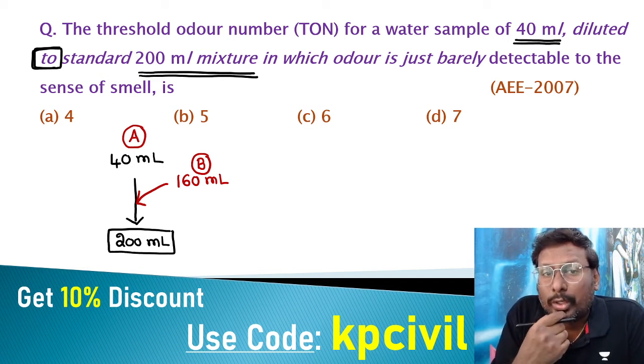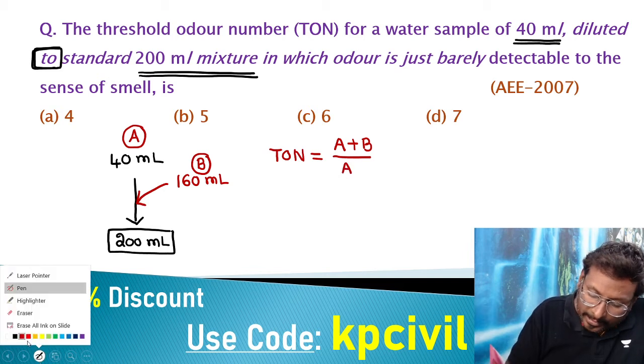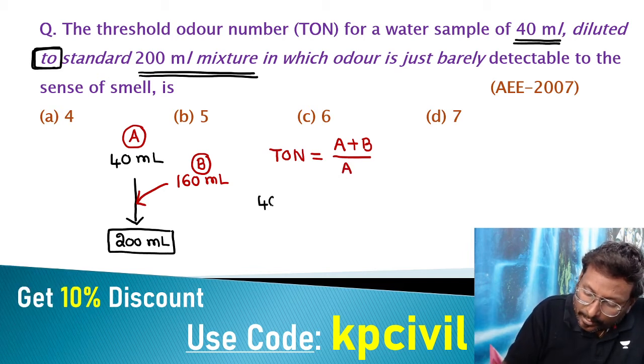What is a threshold odor number? TON, threshold odor number, is A plus B by A. A is 40, B is 160.